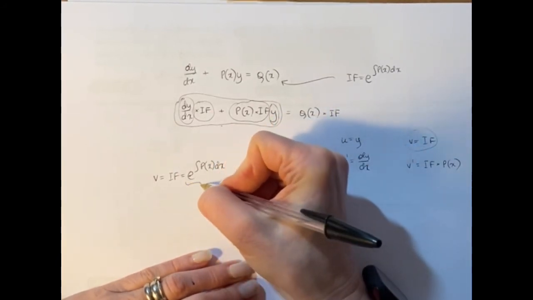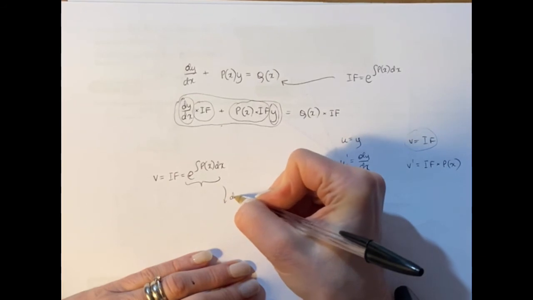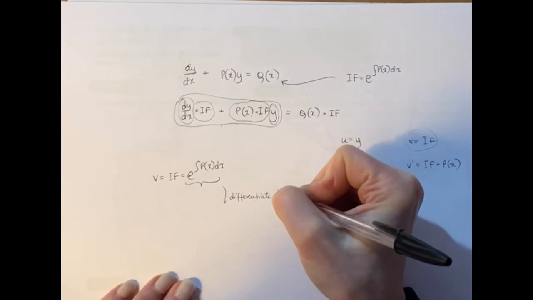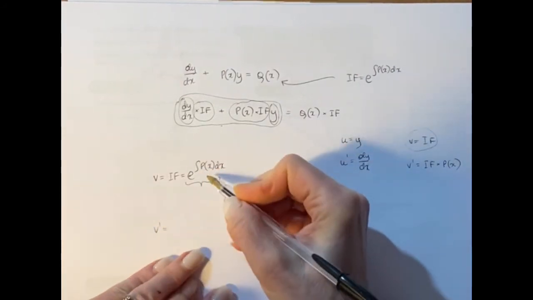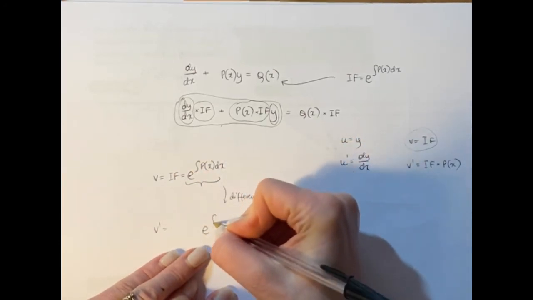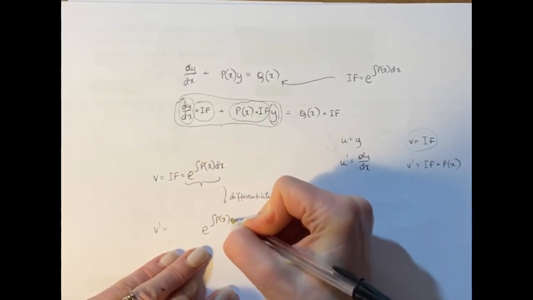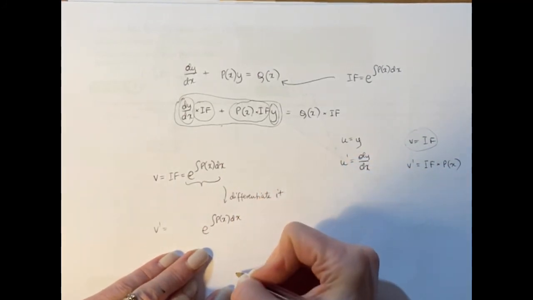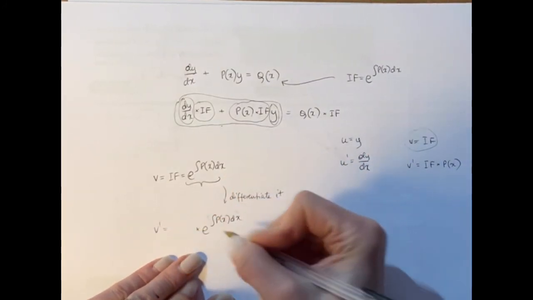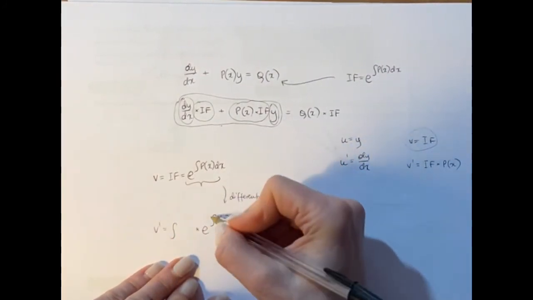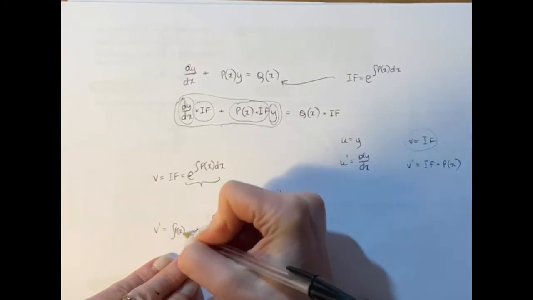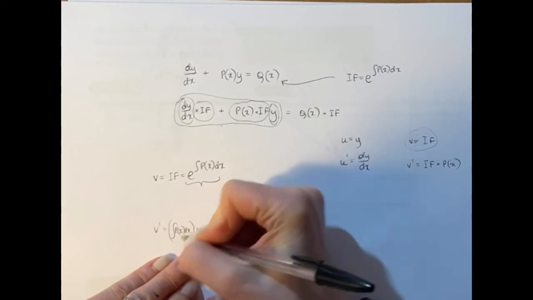Now let's actually try and differentiate it, to find v dash. So when you differentiate the function of e, it goes to itself. So that's our integrating factor. But then it's multiplied by the power differentiated. So we need to differentiate the power, that's the inside function.